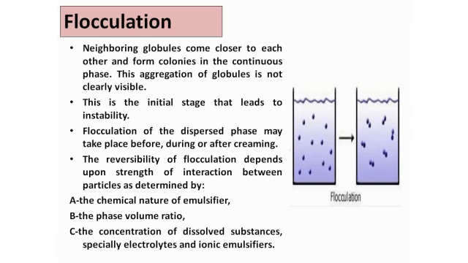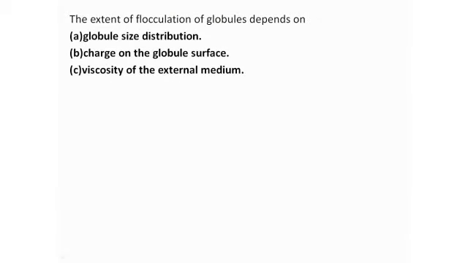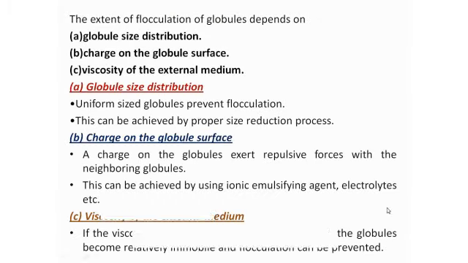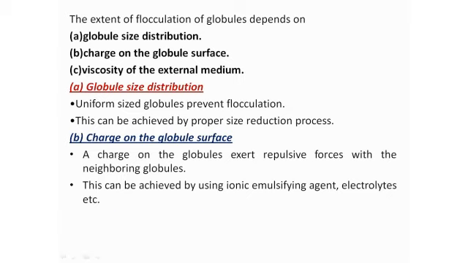And the third is the concentration of dissolved substances, especially the electrolytes and the ionic emulsifier in the emulsion. So these three factors determine how the flocculation can be reversed, or how we are going to get it back, right?